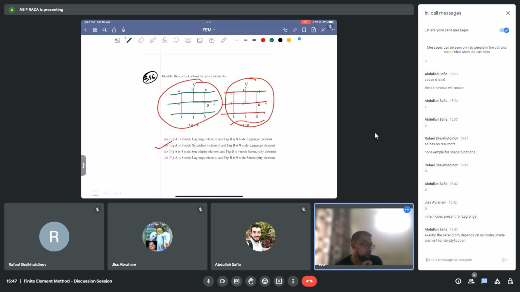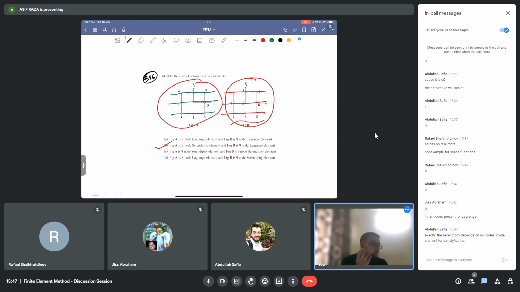What kind of variation will be there from 4 to 5? Seeing the element, it's a linear thing. So for a Lagrange element, from everywhere it will be a similar thing.